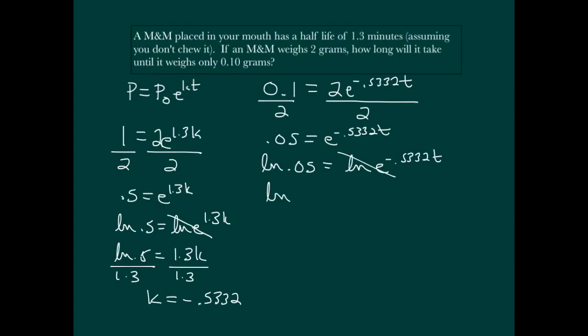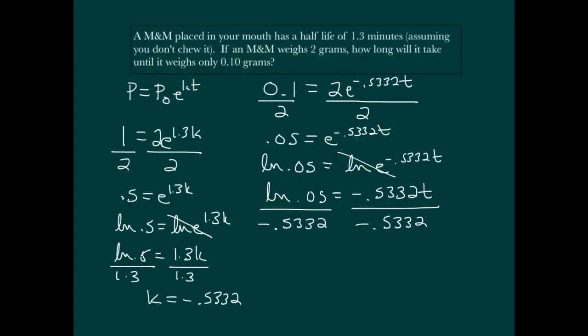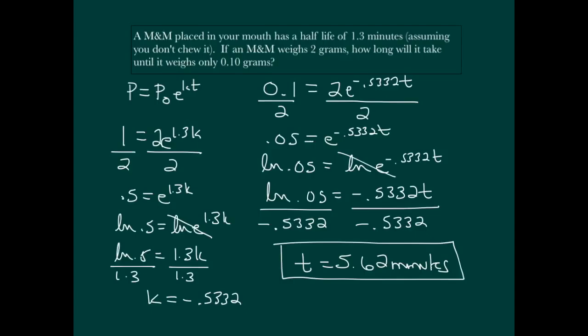Now I have the natural log of 0.05 equals negative 0.5332t. Divide both sides, and we end up with t equaling 5.62 minutes. I don't think I've ever kept an M&M in my mouth for that long, but there's your answer.